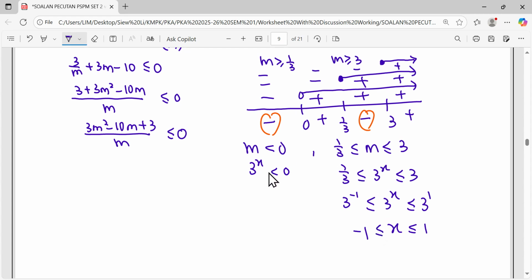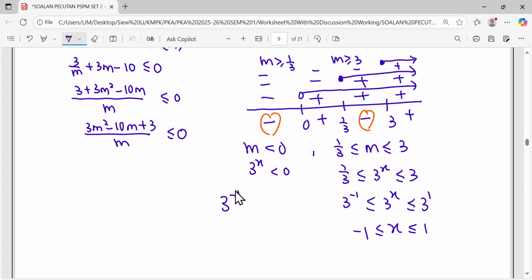Right? So, but then this one, how? Undefined. Just look at this inequality statement. Anything 3 power to x, you get negative? You power zero, you get 1. You power a positive number, it's getting bigger, more than 0. What? Betul? If you power negative something, it doesn't get a negative value.